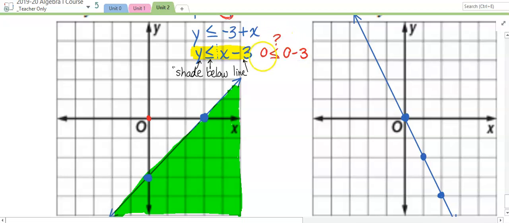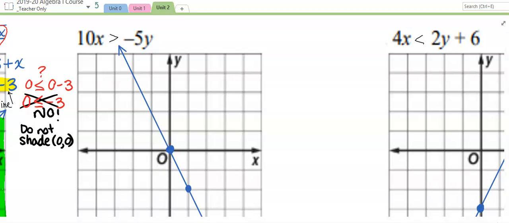Is 0 less than or equal to 0 minus 3? Is 0 less than or equal to negative 3? No. Which means we do not shade this test point. We shade the other side of the line.